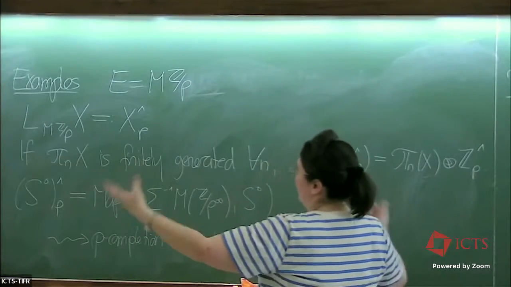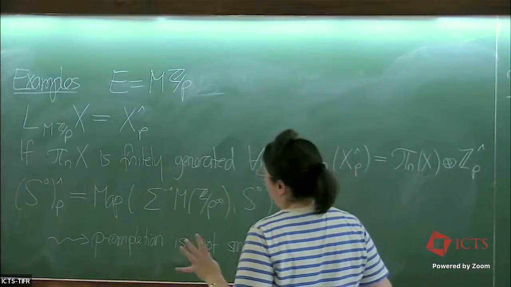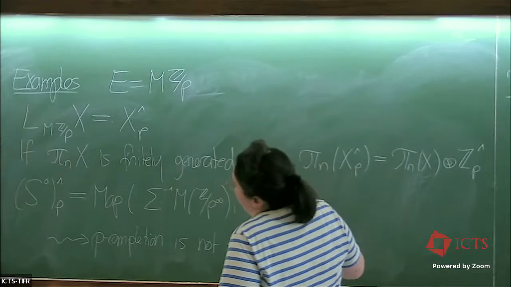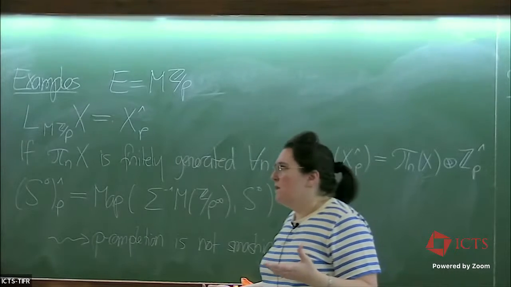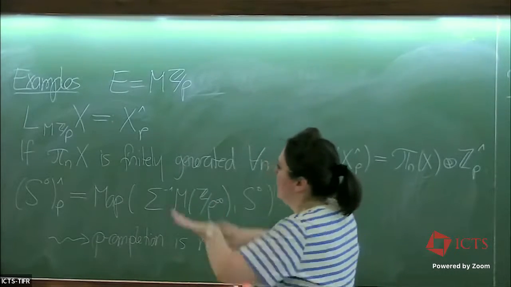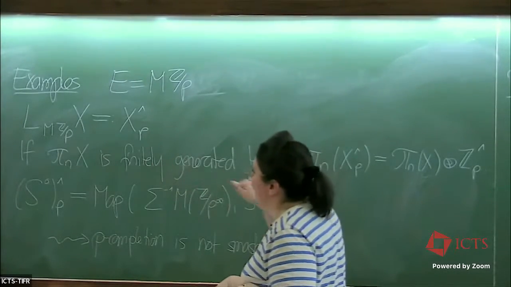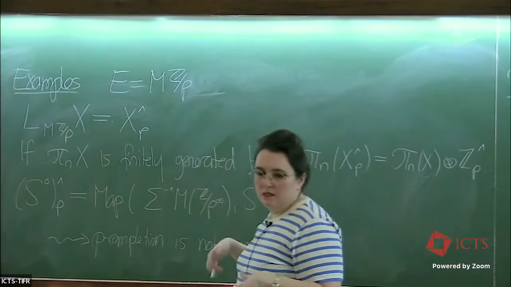And even though things like P localization and P completion might look very similar computationally, overall they have very, very different properties.